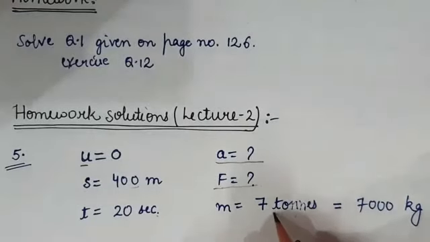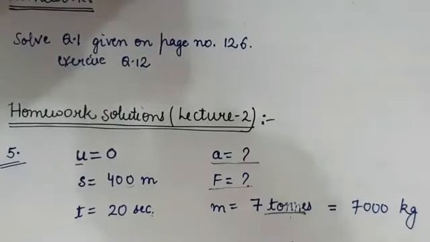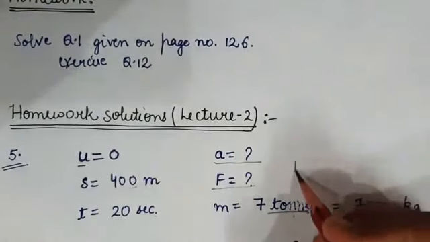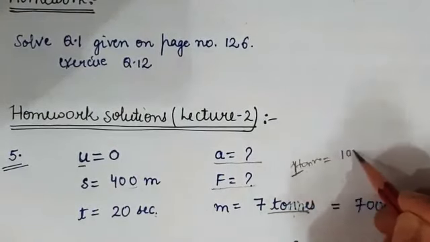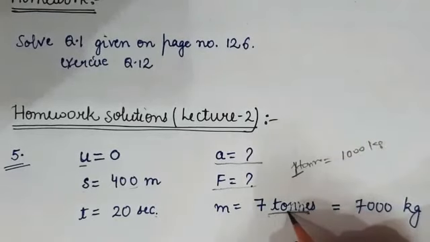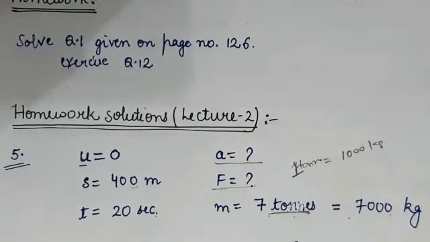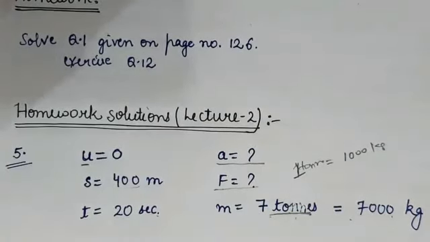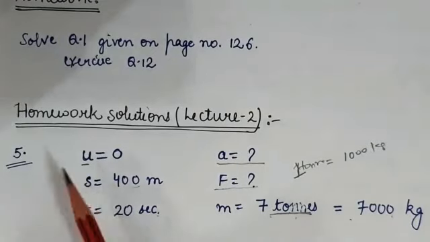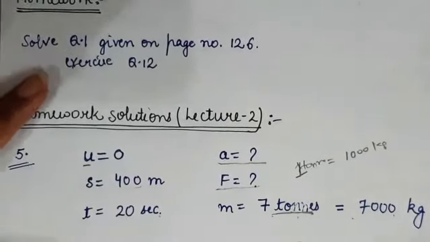Now first of all convert this ton into kg. 1 ton is equal to 1000 kg. So 7 ton will be 7000 kg. Now you need to calculate acceleration and force. You are given S, U, T. So you can apply the formula S is equal to UT plus half AT square.